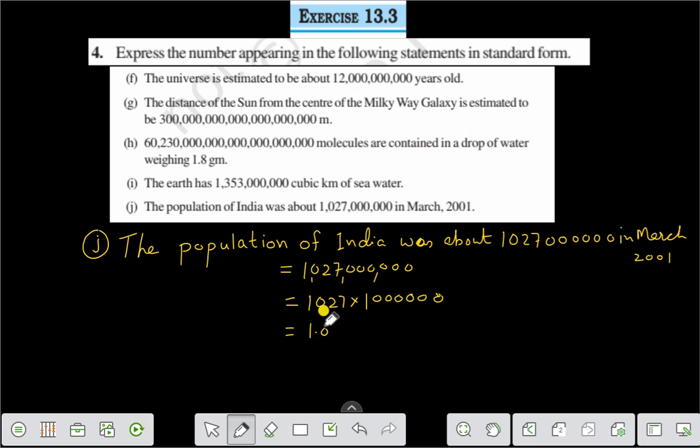Now you can write this as 1.027 into 1000. If you multiply this one, you will get 1027 into 1 followed by 6 zeros. That means it can be written as 1.027 into 10 to the power 6 plus 3, 9. It is 1.027 into 10 to the power 9.